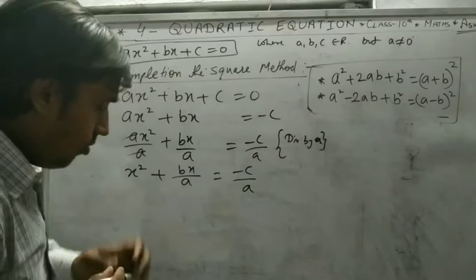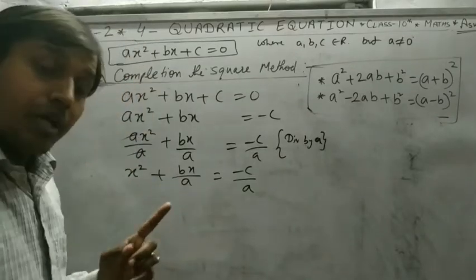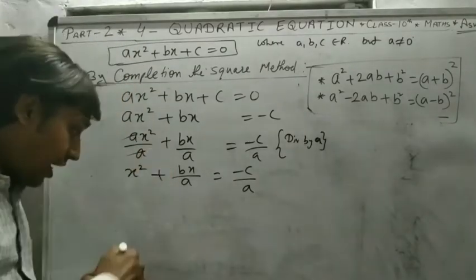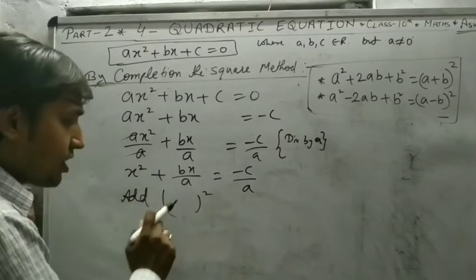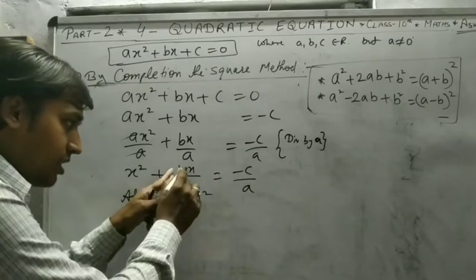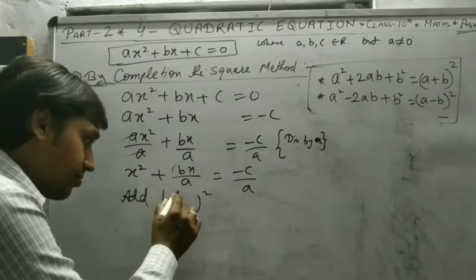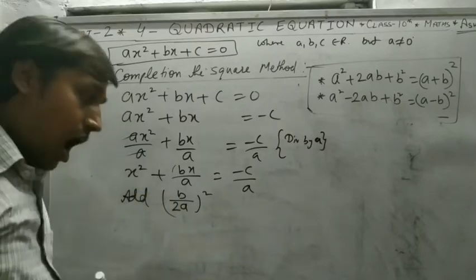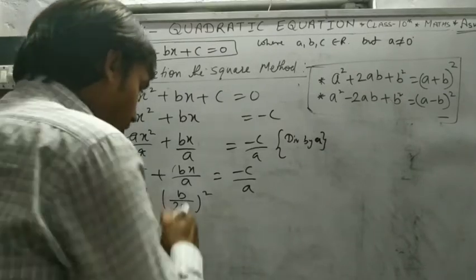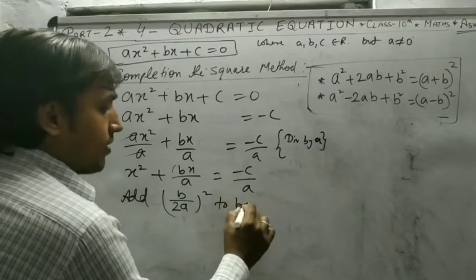Then, third step, add half of the coefficient of x whole square, meaning b upon a. Half means b upon 2a, half means divided by 2, this to both sides.